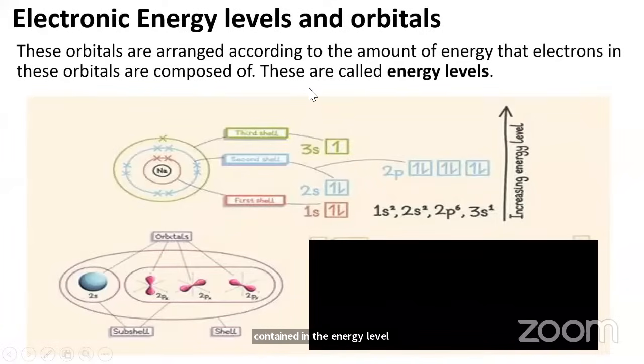So you have the orbitals arranged according to the amount of energy that the electrons of that orbital possess.